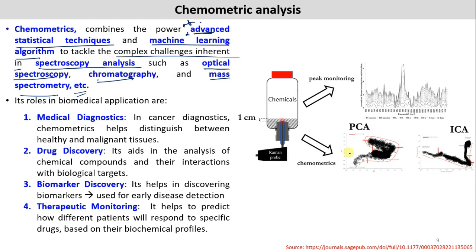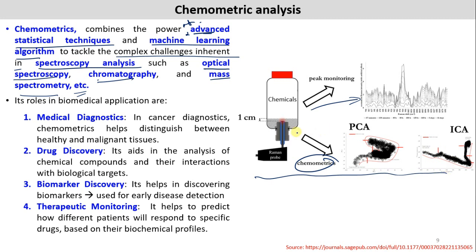This is one of the classical examples to show the chemometric array. Over here you are having the Raman probe. You can have any other spectroscopic probe over here. The chemical is being analyzed, and then we can measure the peaks. Apart from that, we can apply chemometrics to get advanced information from there.